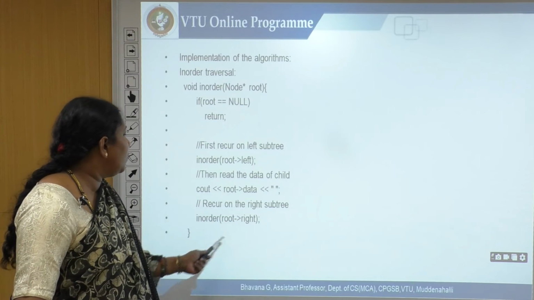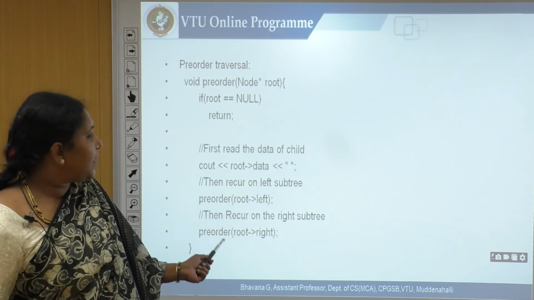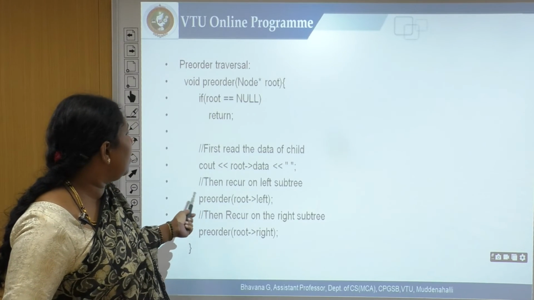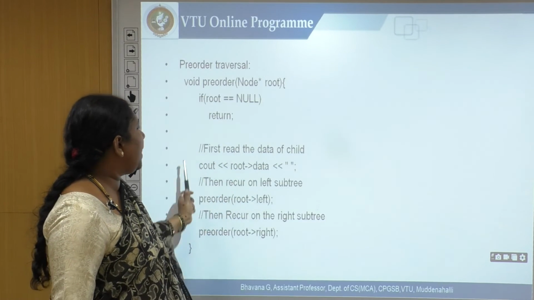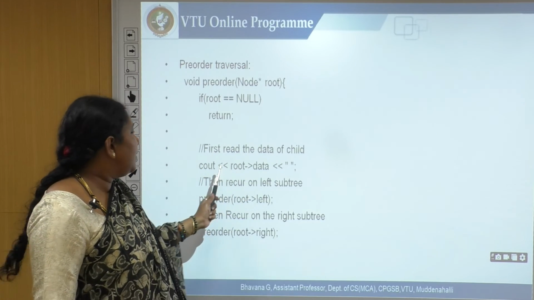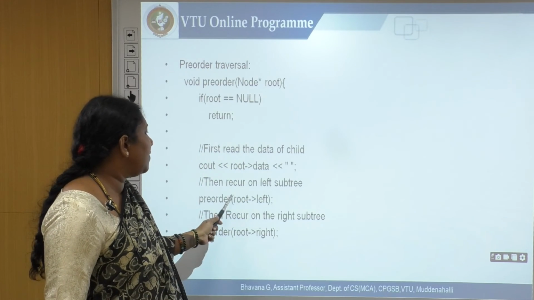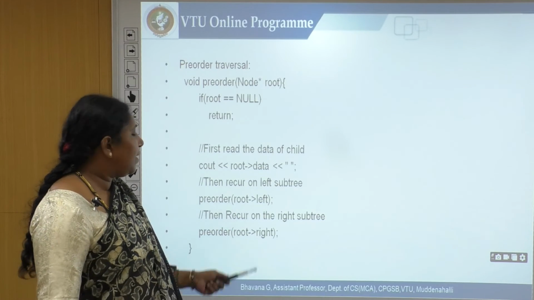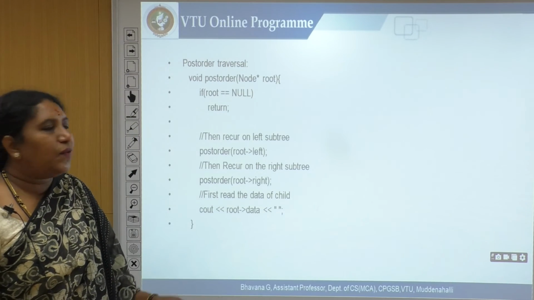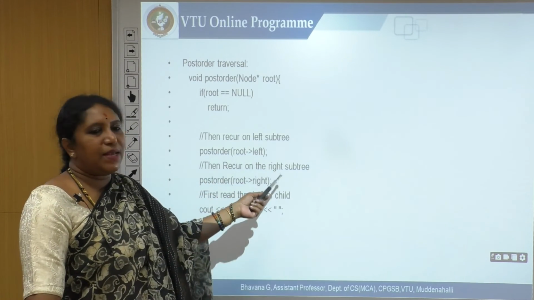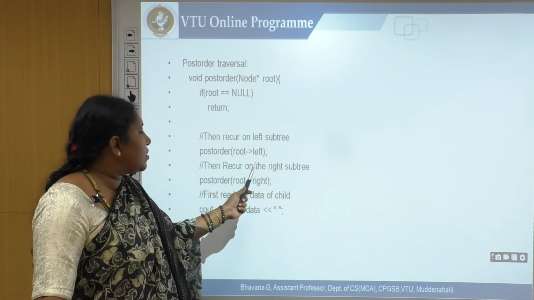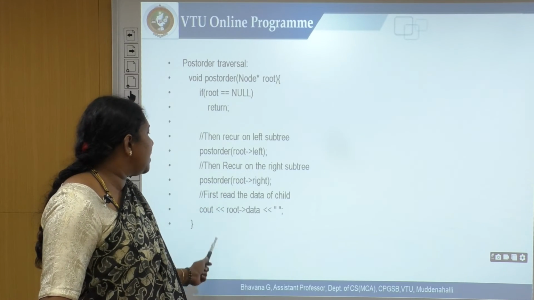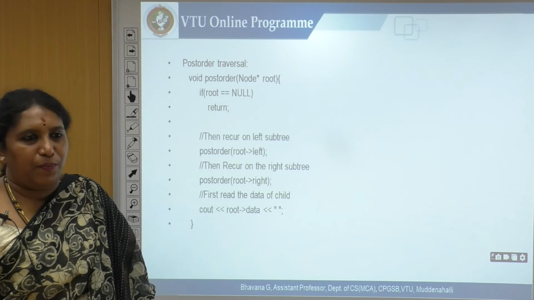After that you visit the right subtree. If it is pre-order, first the root is visited, then the left subtree is visited, then the right subtree is visited. If it is post-order, first the left subtree is visited, then the right subtree is visited, then the root data is processed.